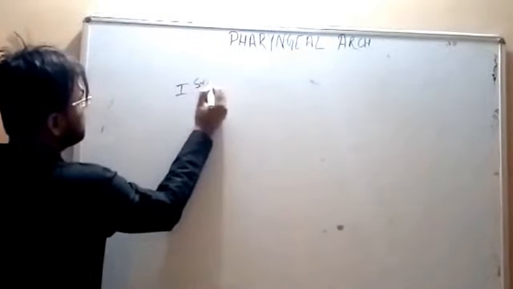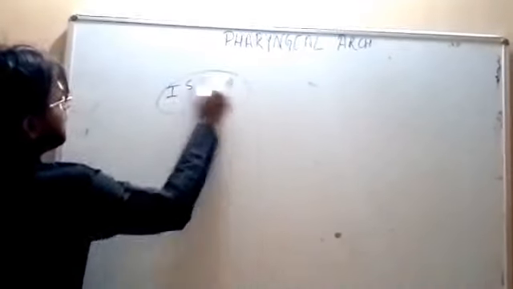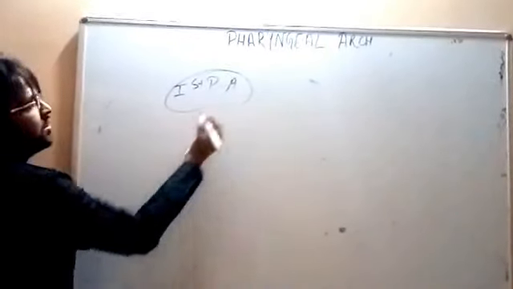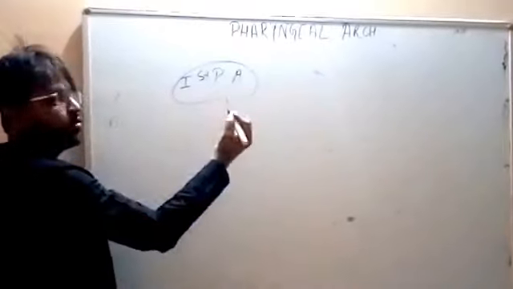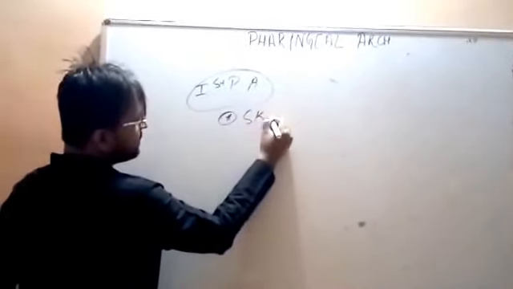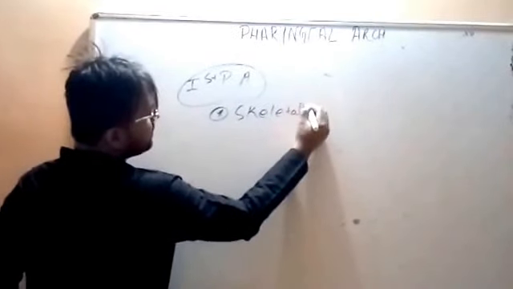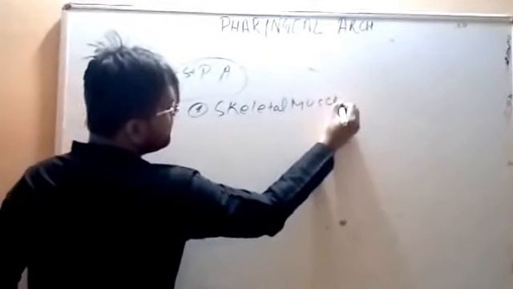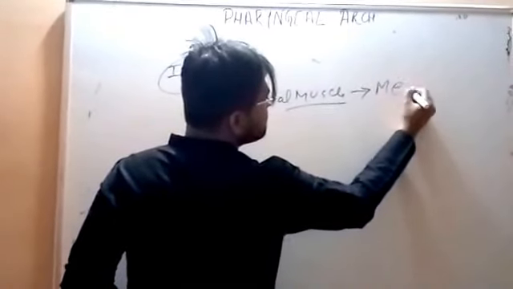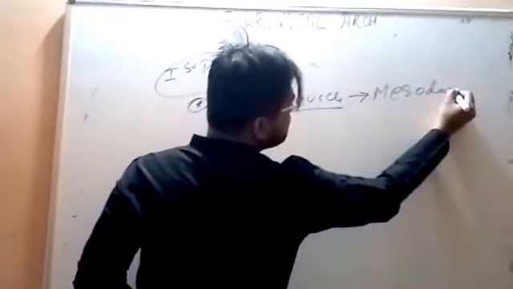Then comes first pharyngeal arch. This is important. First pharyngeal arch. Now you know one thing, that the skeletal muscles are derived from mesoderm.